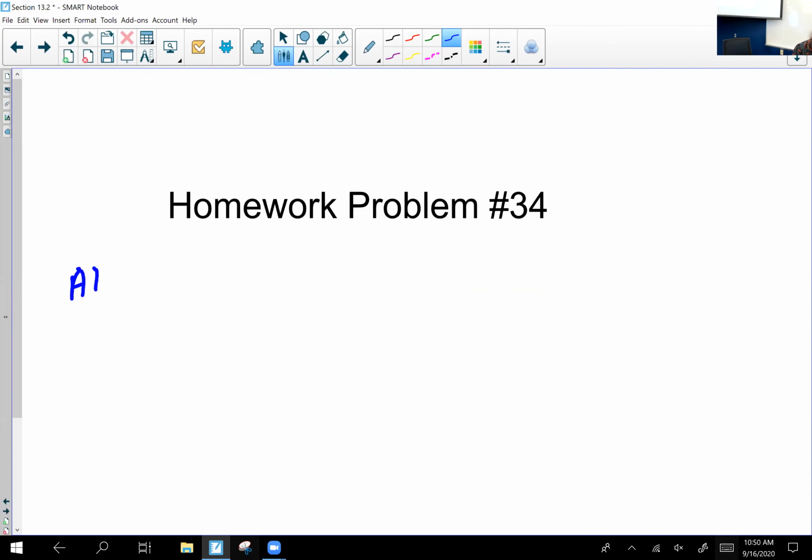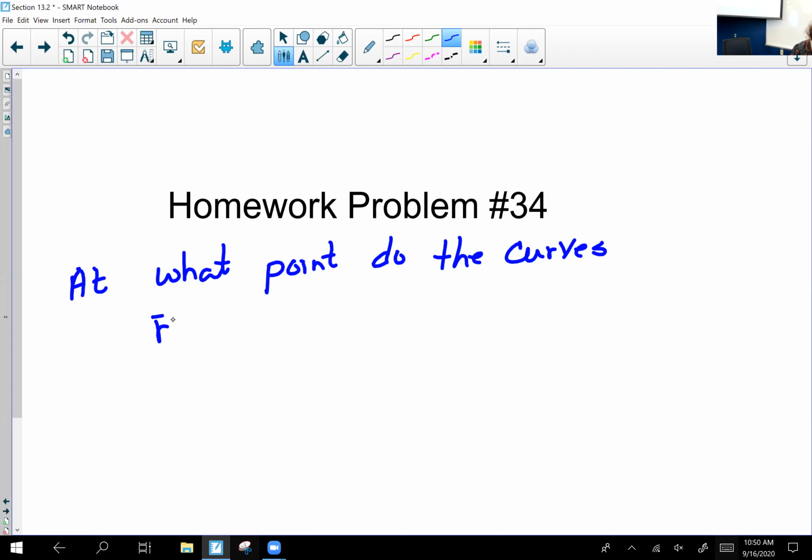At what point do the curves intersect? One of our curves is R1, which is t, 1 minus t, and 3 plus t squared.